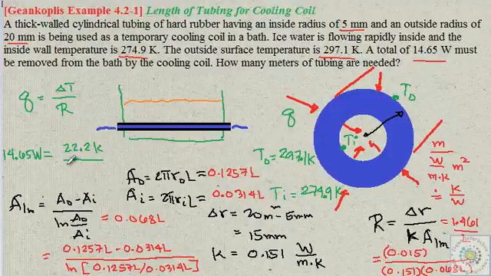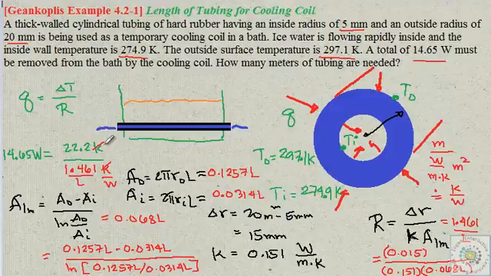So in this case, let's put that in here. We'll have a resistance of 1.461 over L, with the unit Kelvin per watt. The Kelvin and the Kelvin cancel.